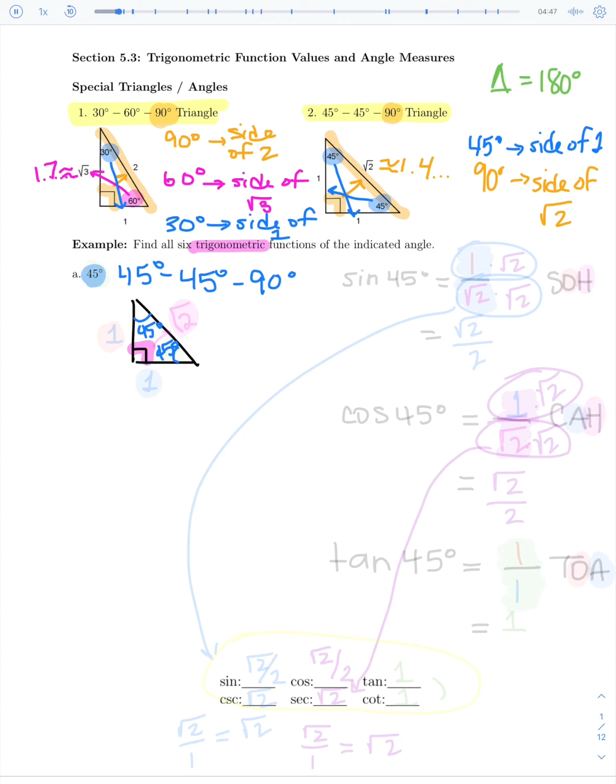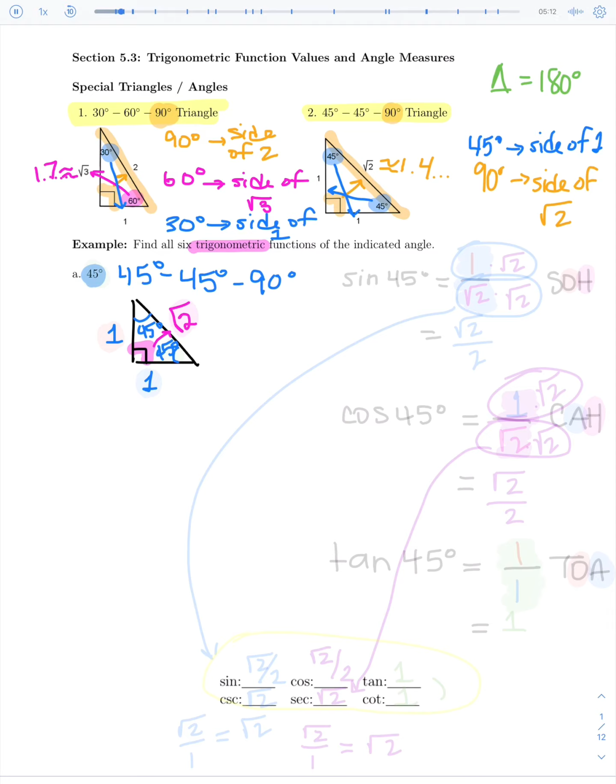So the key is going to be remembering that the longest side, the side that's opposite the 90-degree angle, in a 45, 45, 90 is a side of 2. Then the other two sides have to be the same, opposite the two 45-degree angles, and those are both of side 1. And I said the hypotenuse should be 2. I meant square root of 2, excuse me.